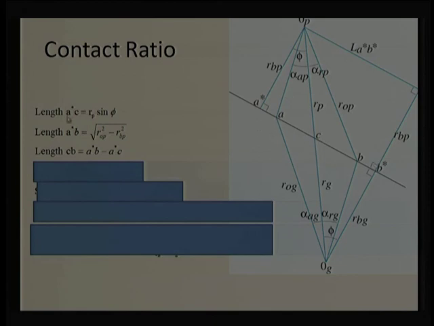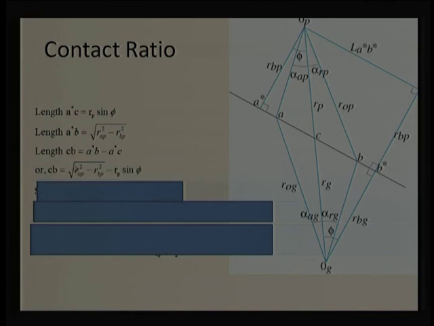Now, of our interest are the AC length and CB length. In the first case we figured out A star C, and in the second case we figured out A star B. Now, if we subtract this length from the complete length, naturally CB will be known to us, and that is given over here. The length CB is equal to the complete A star B minus A star C. We can substitute these values.